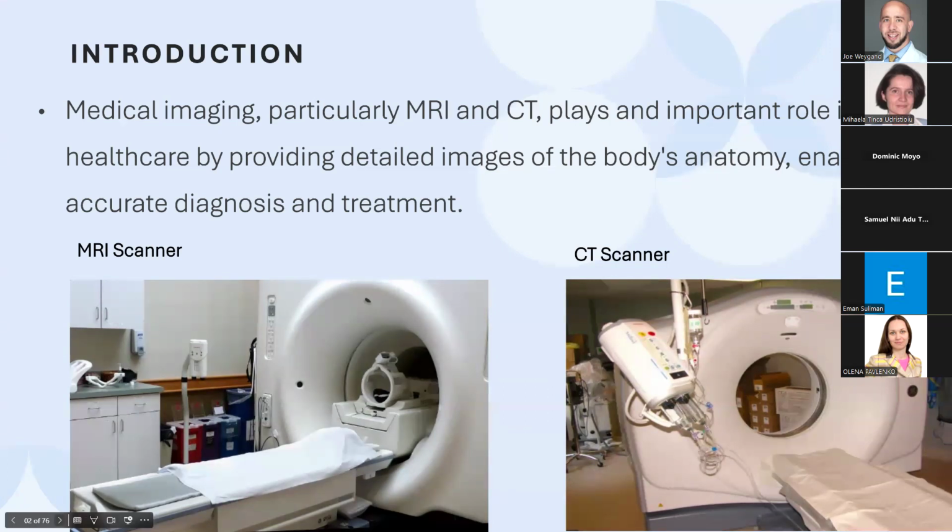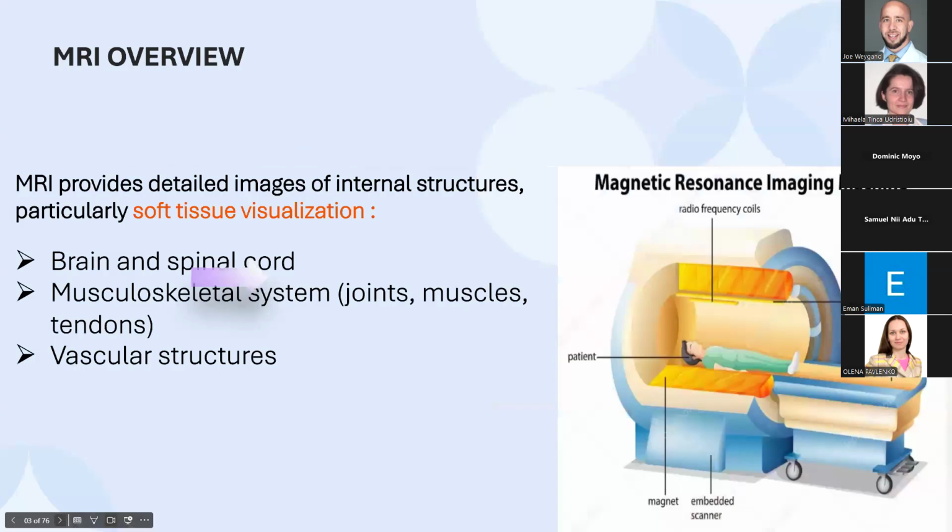A quick overview: MRI provides detailed images of internal structures, particularly soft tissue. It's better at showing soft tissue like the brain, spinal cord, musculoskeletal system and vascular structures, whereas CT is better at showing bony structures.